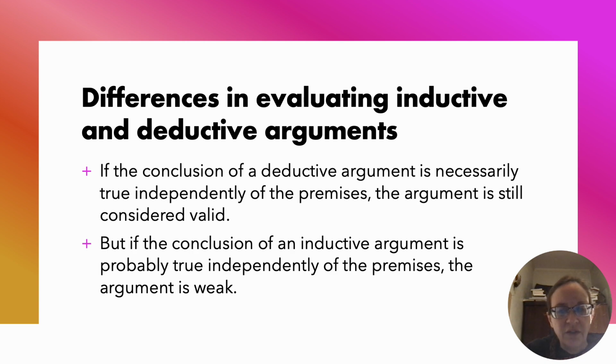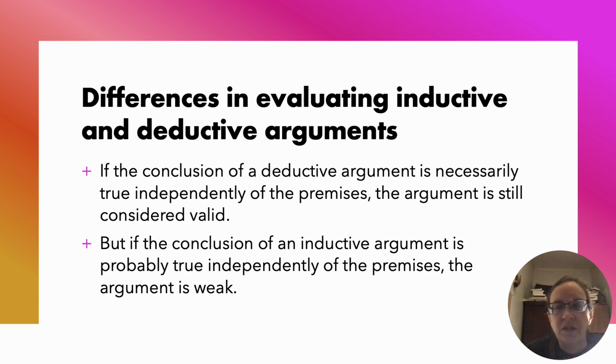if you have a necessarily true conclusion, in other words, a true conclusion that cannot be false, no matter what the circumstances. And the philosophers argue about what these things are. Let's just say something like 1 + 1 = 2 for now. The bachelor example may or may not work. You know, some people say that's also necessarily true, but say your conclusion is 1 + 1 = 2. The premises could be anything.